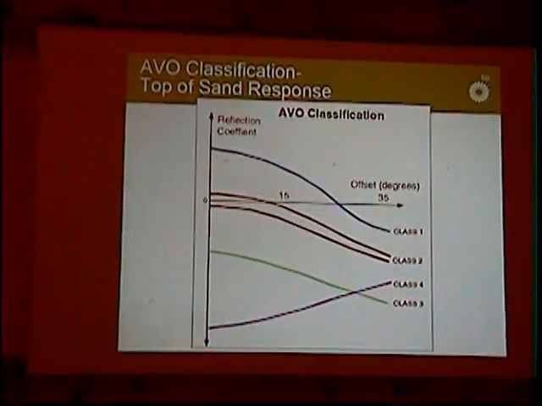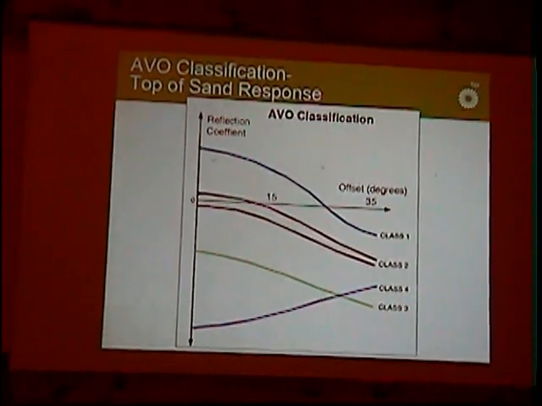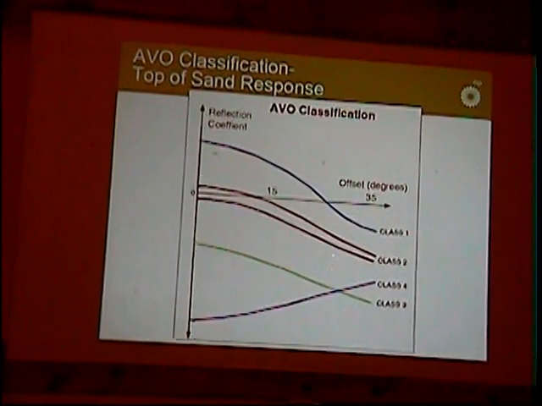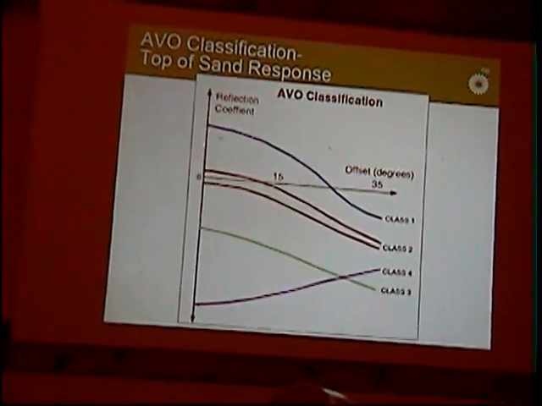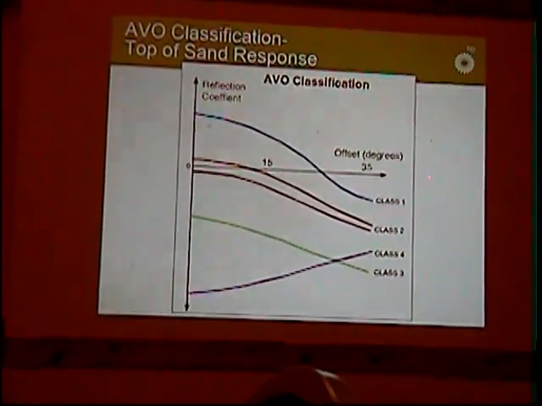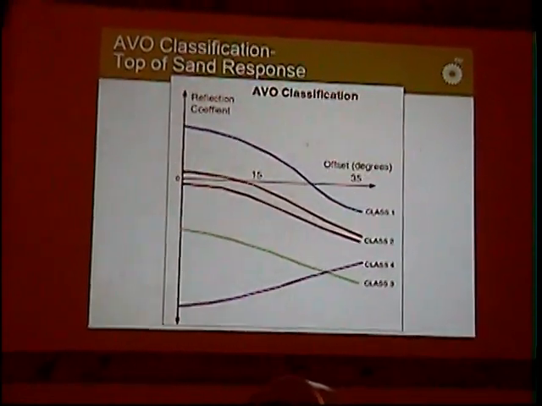You just look at those CDP gathers and you'll see that's just plotting up those points based on empirical data. And then class 1 is where you have a positive reflection coefficient on the top of your sand, and it's decreasing. You can even have a phase reversal where you go from positive to negative with offset.